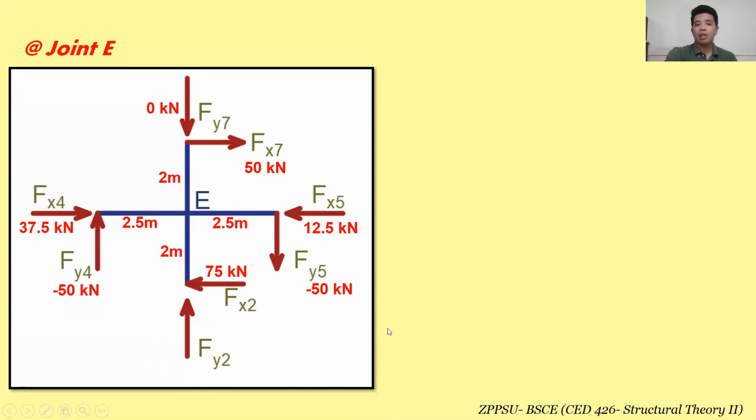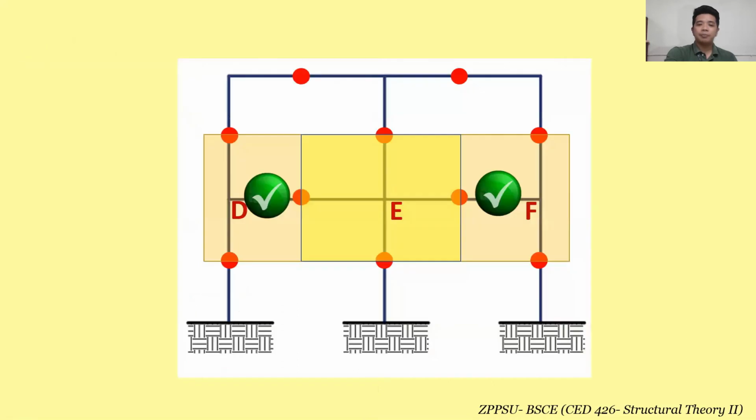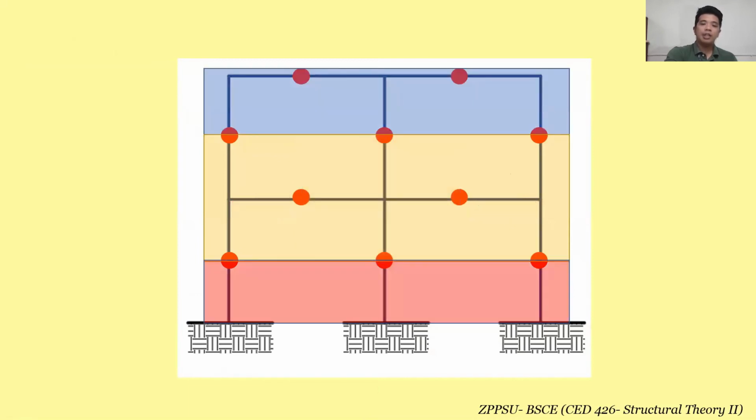Summation forces Y na lang. So sum up forces along Y equals 0 and it gave me Fy2 equals 0 kilonewton. So napaka-basic lang. And finally, tapos na ang second floor.